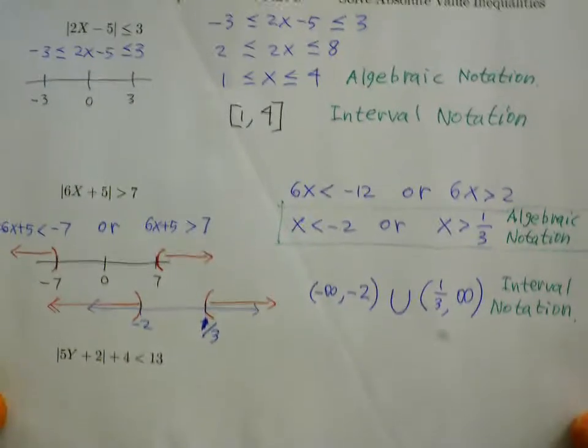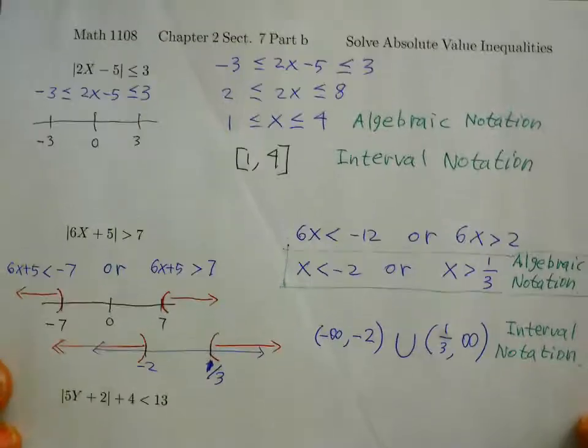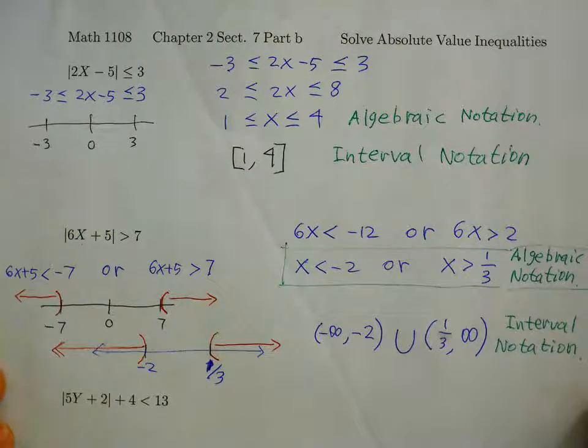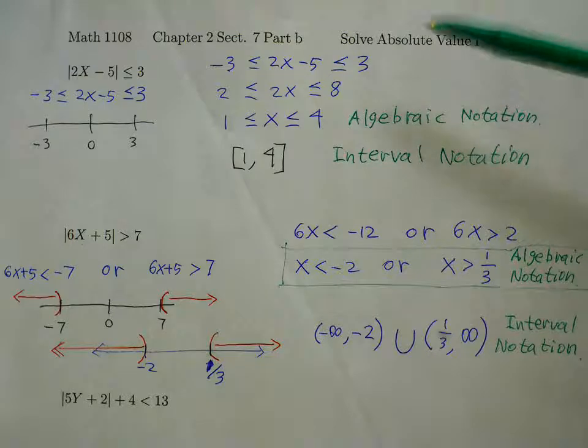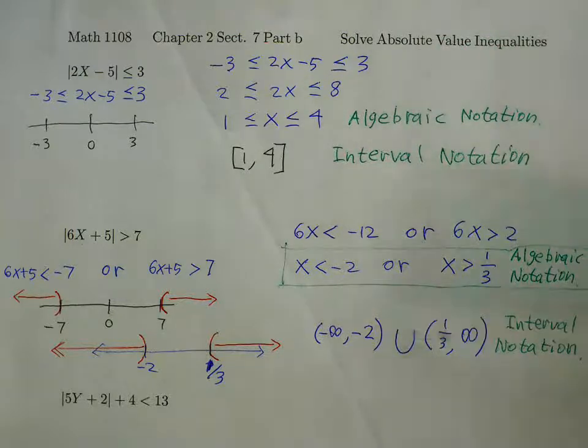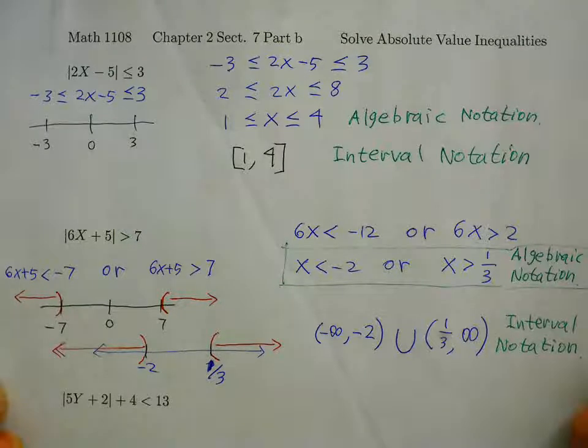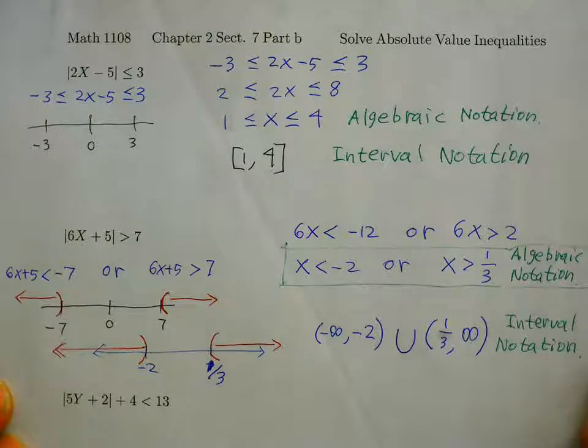Okay, so two of the absolute value inequalities that you'll want to make sure that you get a handle on are like these two examples. You need to know how to do the other ones too.